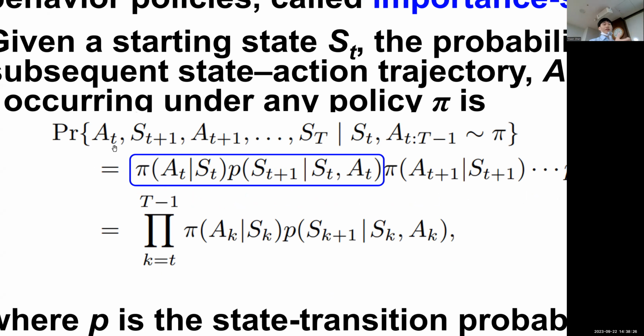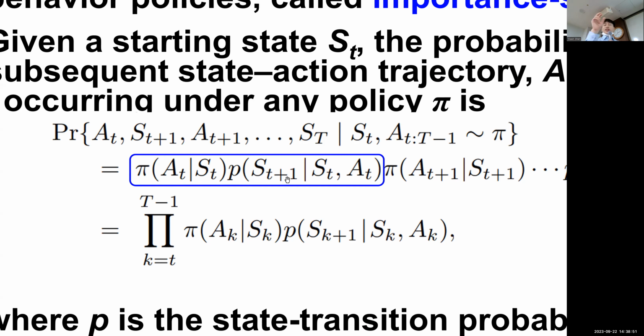What is the probability here? We decompose this probability into multiple small steps. Firstly, for the state S_t, we follow this policy and select an action based on it, times the state transition probability.